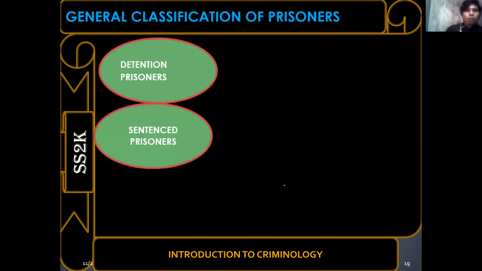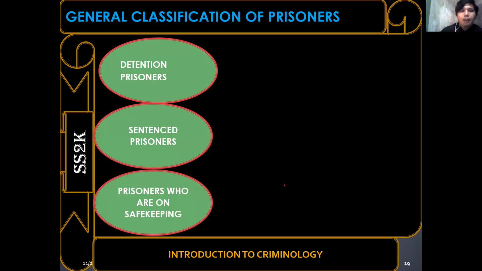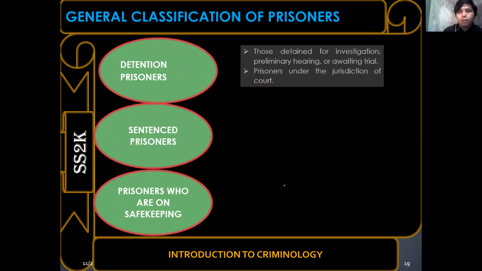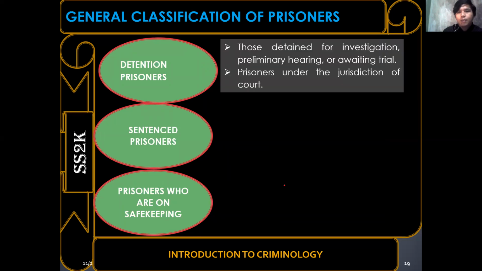Okay? So, what are the general classification of prisoners? Ano ba yung mga klase ng mga nasa kulungan? No? Meron yung tinatawag na detention prisoners. Ano yung mga detention prisoners? Yung mga nasa BJMP, no? Those detained for investigation, preliminary hearing, or awaiting for trial.